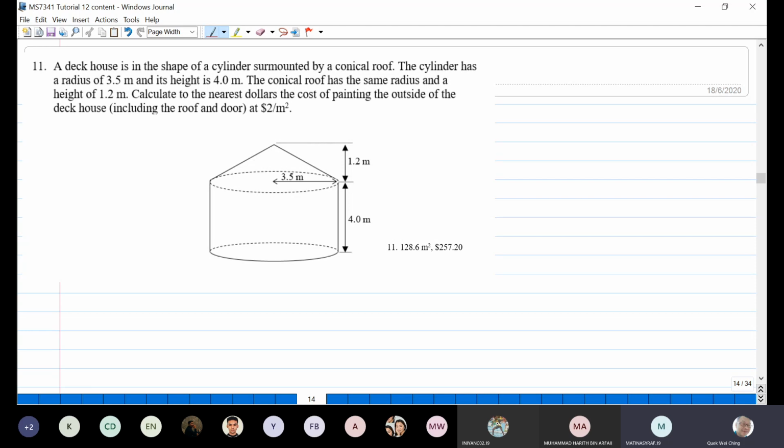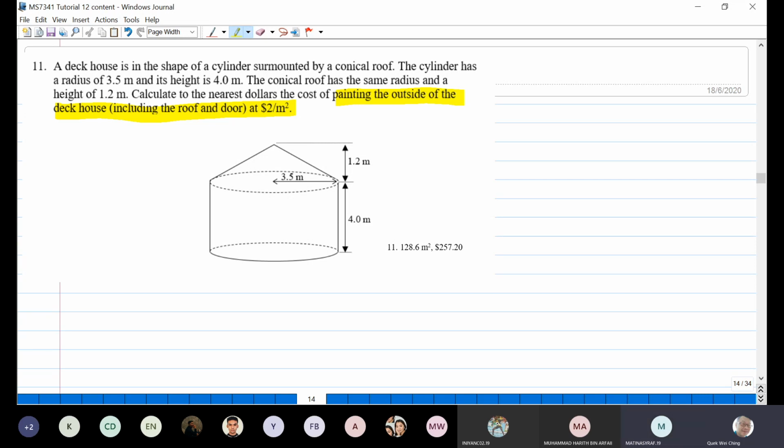Okay, outside of that house, right? Painting the outside of that house. If the cost is $2 per meter square. Outside of the house, so including the roof and the door, everything must be painted.